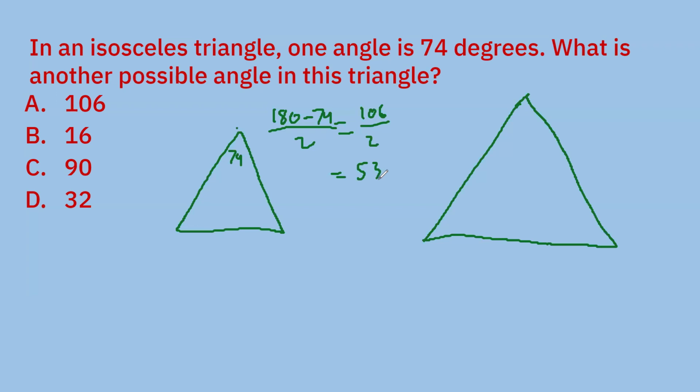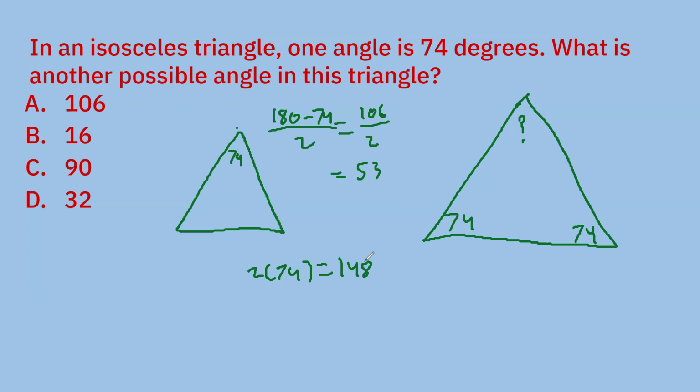So then we could also try where 74 is the 2 base angles, and then we're looking for this one, right? If that's the case, we'll do 2 times 74, which is going to be 148.